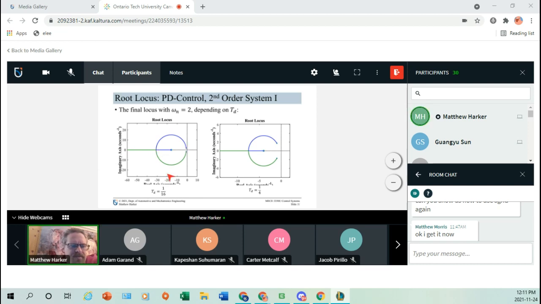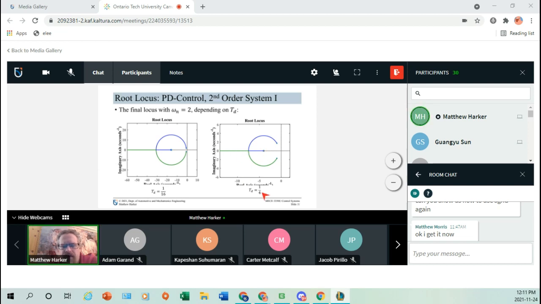In essence, if we think of TD equal to 0, we can also think of it as a circle of infinite radius, if you are interested in strange limits of geometry here. So moving that TD in is going to pull our root locus closer into the zero.